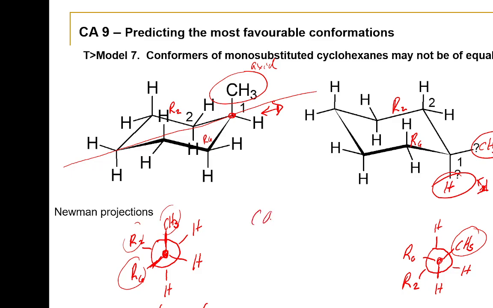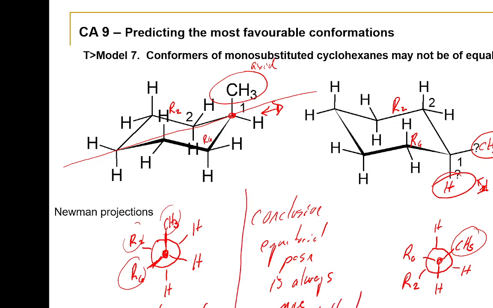Conclusion. Equatorial position is always more stable. I know I only gave you one example here, but it could be demonstrated in general that the conformer that has the substituent in the equatorial will be more stable.